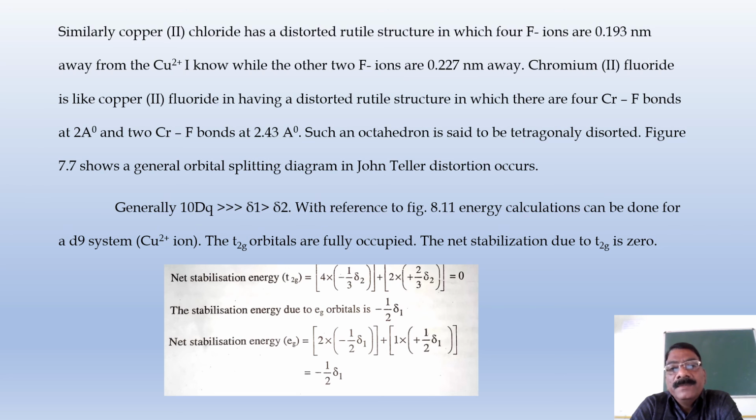The t2g orbitals are fully occupied. The net stabilization due to t2g is 0. The stabilization energy due to the eg orbitals is, after calculation, minus 1/2 delta 1.